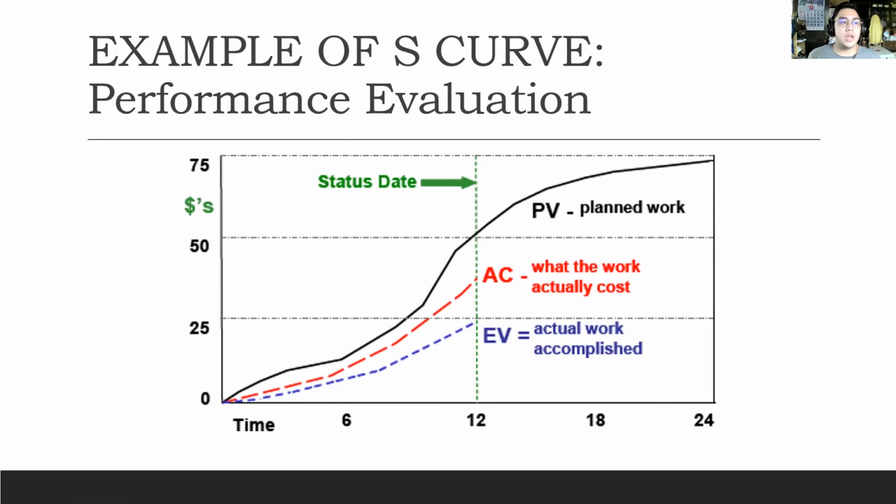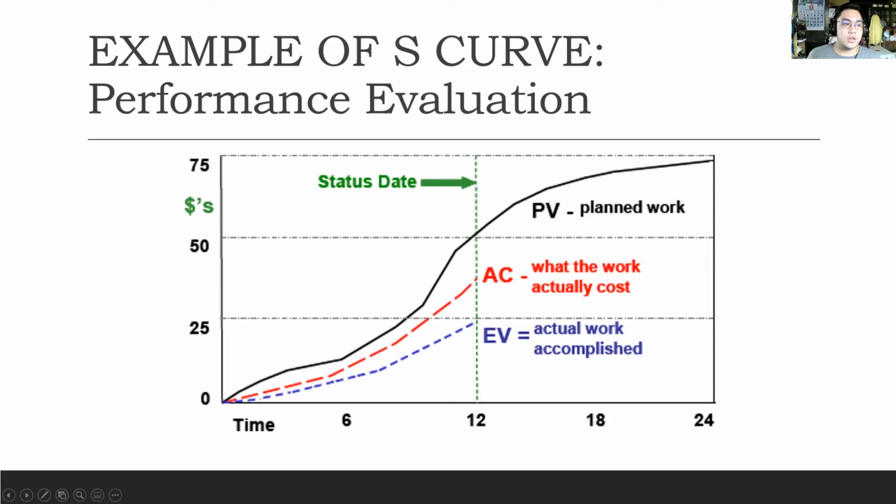We can also see the other two elements of this particular S-curve example, the earned value and actual cost. As you can see, the status date is the line in the sand at which earned value and actual cost stop, with the manager looking to understand how the project is tracking compared to our planned value.